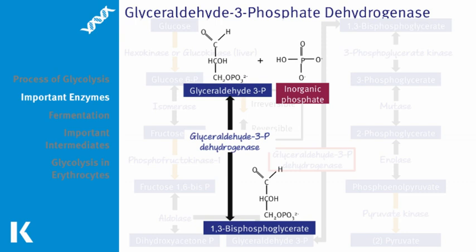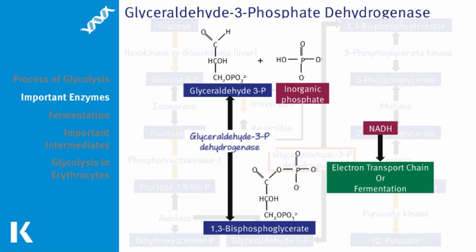Keeping in mind that glycolysis is simply an element of the larger process of cellular respiration, the hydrogen atom displaced during the formation of 1,3-bisphosphoglycerate will facilitate reduction of NAD+ to NADH, which funds ATP production in the electron transport chain, or fermentation, depending upon whether glycolysis is occurring in an aerobic or anaerobic environment.